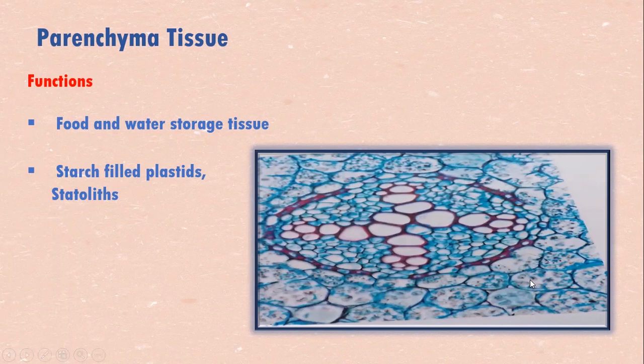And the starch grains, also known as statoliths, they can fall by gravity and cause the roots to respond to gravity. All right, we have to look at it in detail.